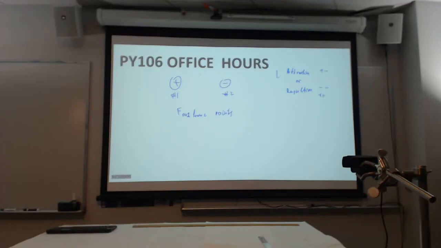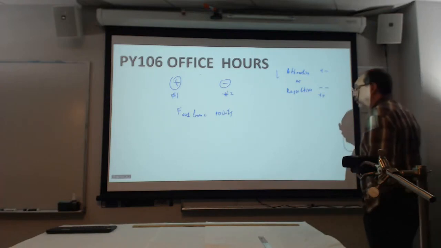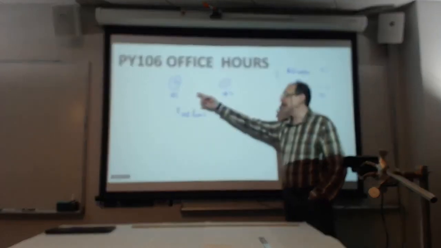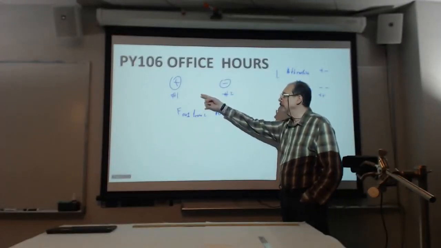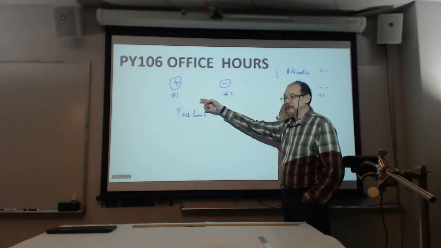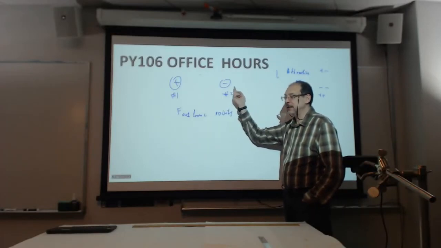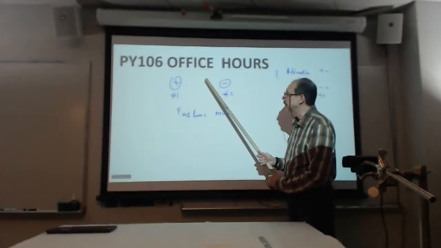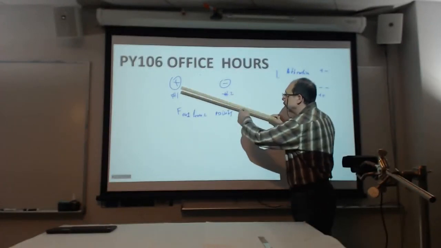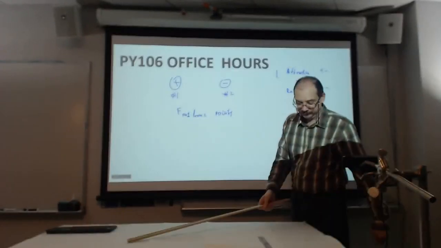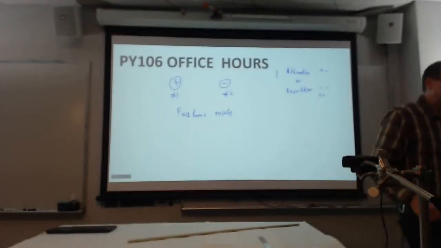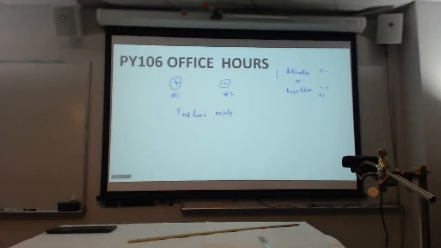Okay. So now we need to imagine what it means. If the charge number 2 attracts the charge number 1, if the charge number 2 had a stick, would it be pushing on that stick or pulling? Pulling. The direction of that pulling is what? To the right.